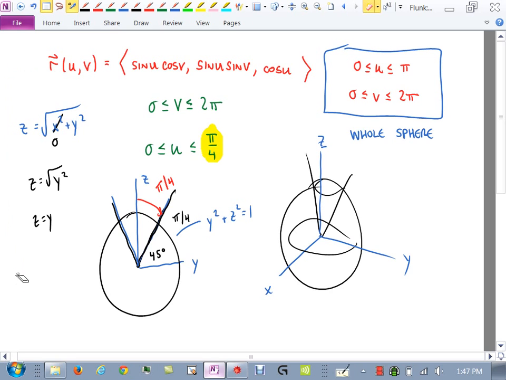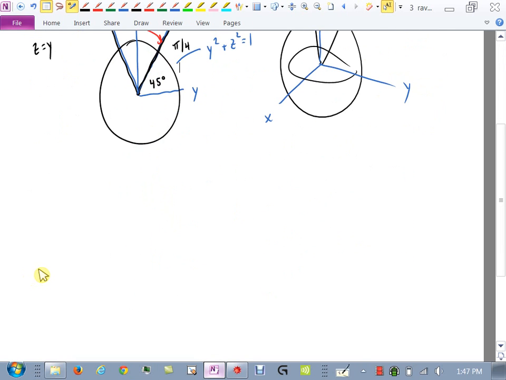Now, what is the scalar function in this problem? What's f of x, y, z in this problem? It's xyz. For us, what's f of r of uv? This is what I was saying. What does it mean to take a scalar function and plug in a vector function?